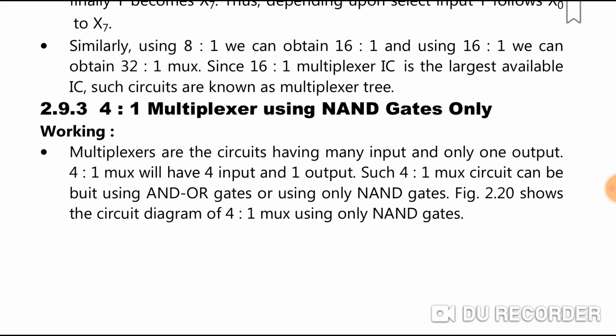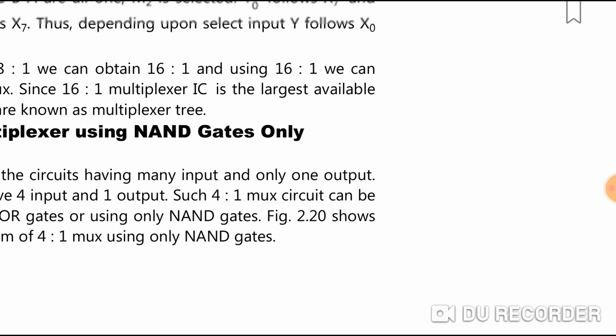Multiplexers are circuits having many inputs and only one output. So a 4 by 1 mux will have 4 inputs and 1 output. Such a 4 by 1 mux circuit can be built using AND, OR gates or using only NAND gates. This figure shows a 4 by 1 mux using only NAND gates.